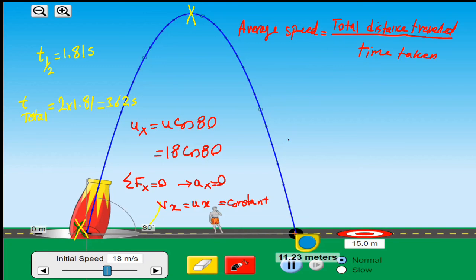We know Vx equals Ux equals a constant, so we put 18 cos 80. The total distance traveled, which we name the range, I'll show with X, and the time taken is the total time of flight, that is 3.62. As a result, X equals 11.31 meters to the right.